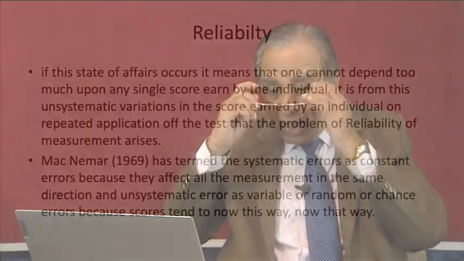If I am reliable, the marks may be 75, 76, 78, 72, 70. I am reliable, I am consistent, but if earlier I gave you 74 and now I am giving you only 20 marks, I am not reliable, I am not consistent. Because of such problems, the problem of reliability occurs in psychological testing.